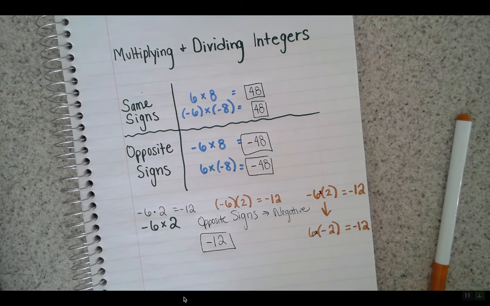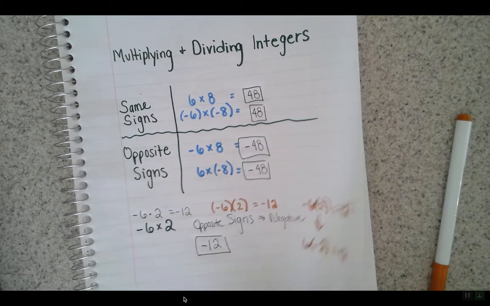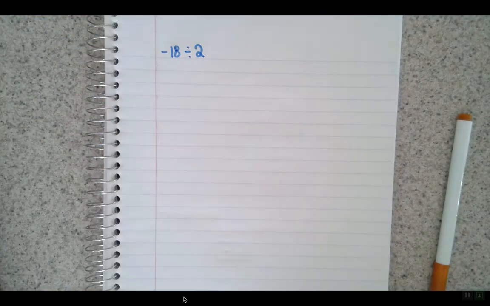Division works the same way as multiplication. Let's do some division problems. All right, let's say I had negative 18 divided by 2. Is this a same signs problem or an opposite signs problem?